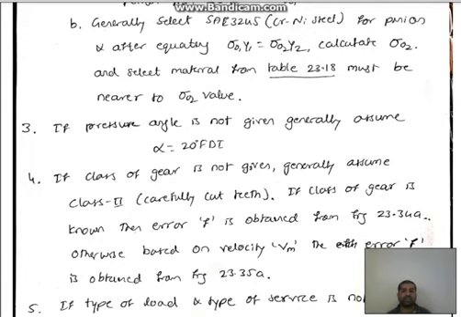Generally, select chromium nickel steel for pinion. After equating sigma naught 1 y1 equal to sigma naught 2 y2, calculate the sigma naught 2 value and select the material from table 23.18 that is nearest to the sigma naught 2 value.